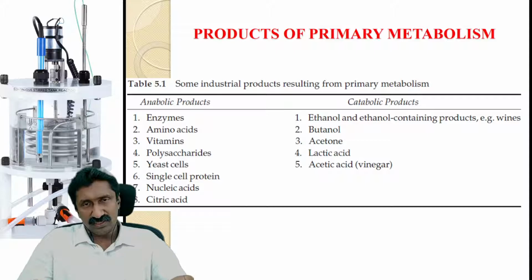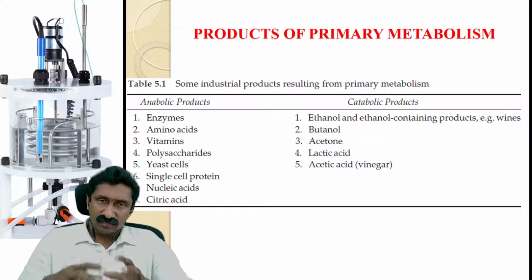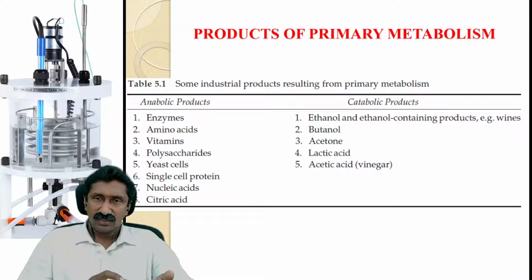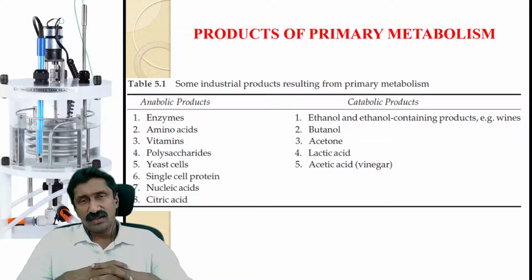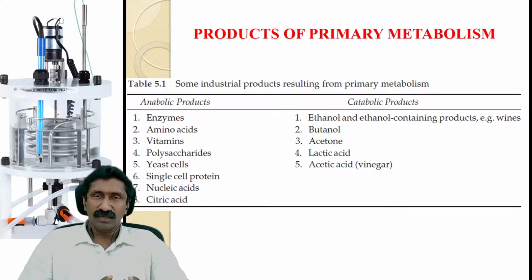So it is a product of biosynthesis of primary metabolism. Whereas the catabolic products, or the breakdown products of the primary metabolism, are also there, like ethanol and then butanol, acetone, lactic acid, then vinegar or acetic acid, etc., are examples of primary catabolic products. So these are some of the industrially important primary metabolism products in the anabolic category and catabolic category.